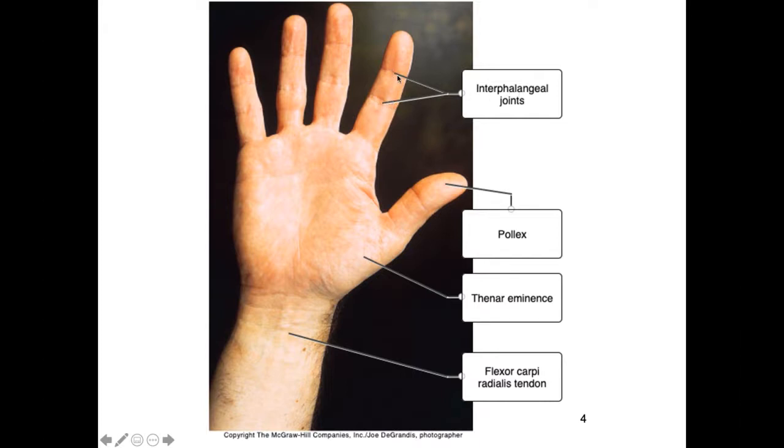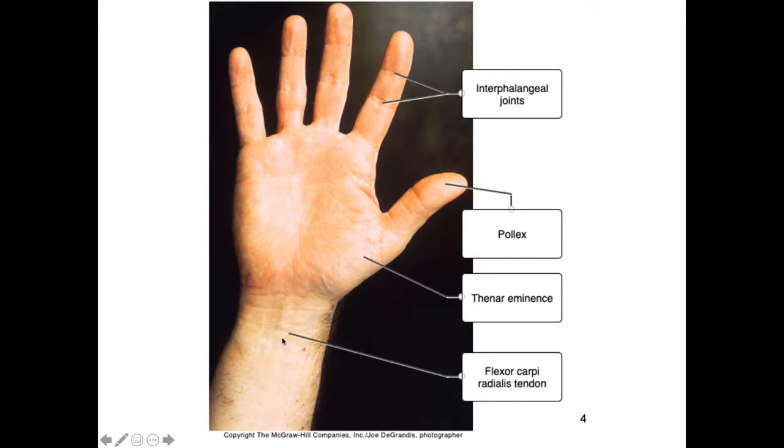So this is an interphalange, this is an interphalange, this is an interphalange. The thumb is called pollex or pollicis. And then you have muscles at the base of the thumb, and you have muscles at the base of the pinky. This is called the thenar pad or the thenar eminence. And on the pinky side, it's the hypothenar eminence or hypothenar pad.